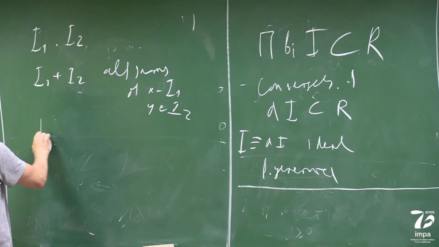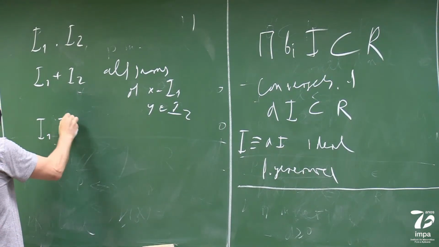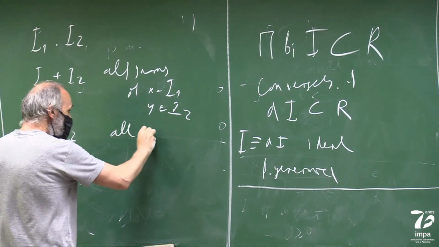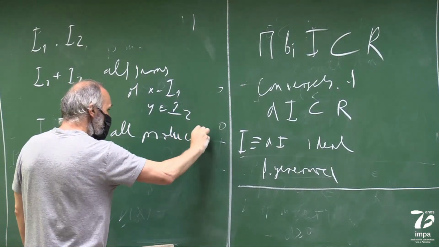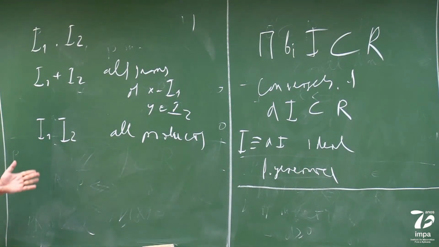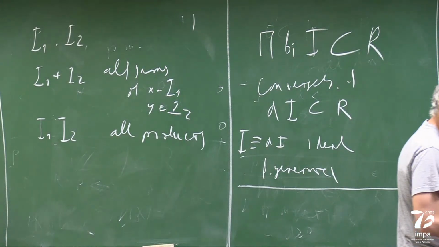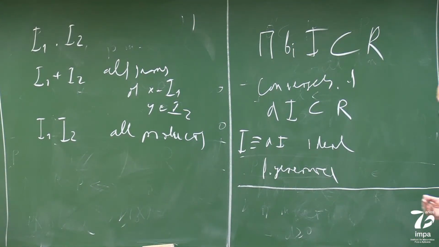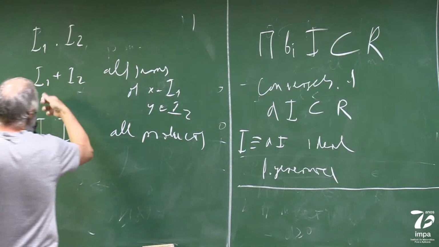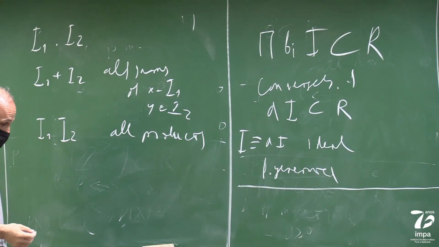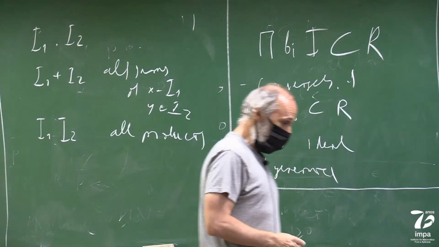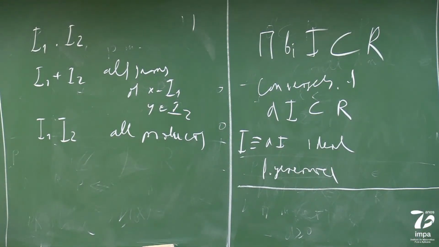Another thing is I1 times I2, which is all products. For the same reason, this is also a fractional ideal. Of course, you can use Noetherianity for that as well, because you have finitely many generators for I1 and I2, and their product also has finitely many generators, but it's easier without Noetherianity. And of course, you would have associativity.